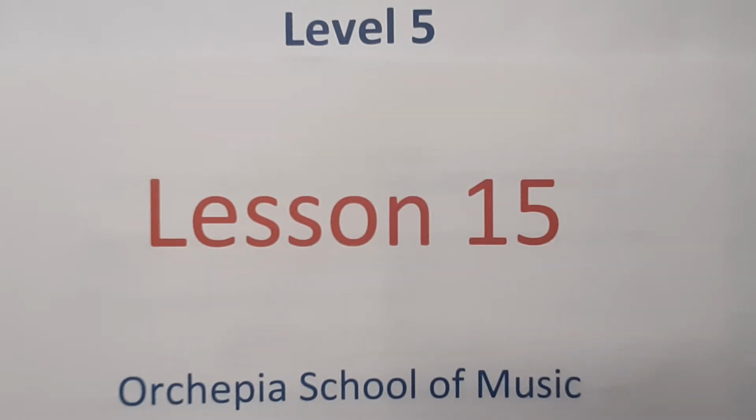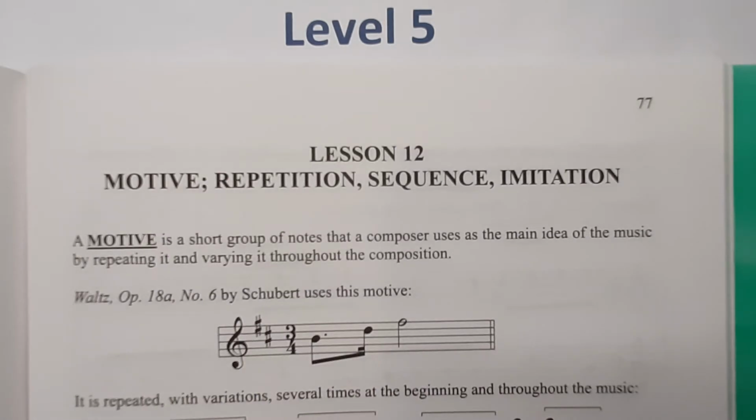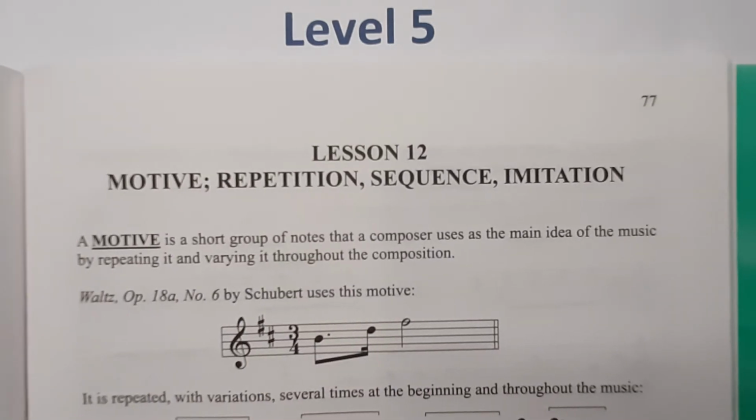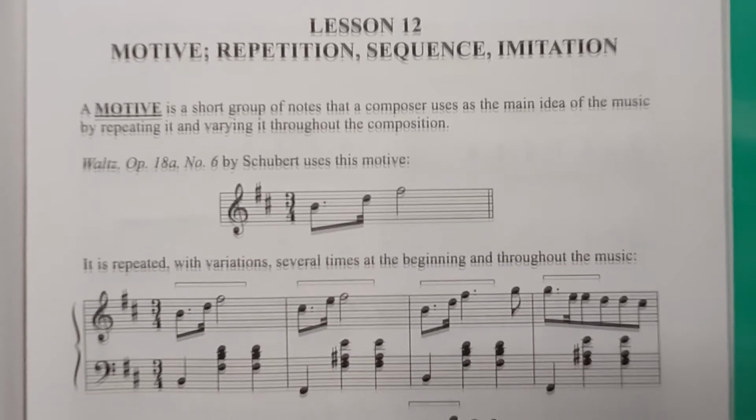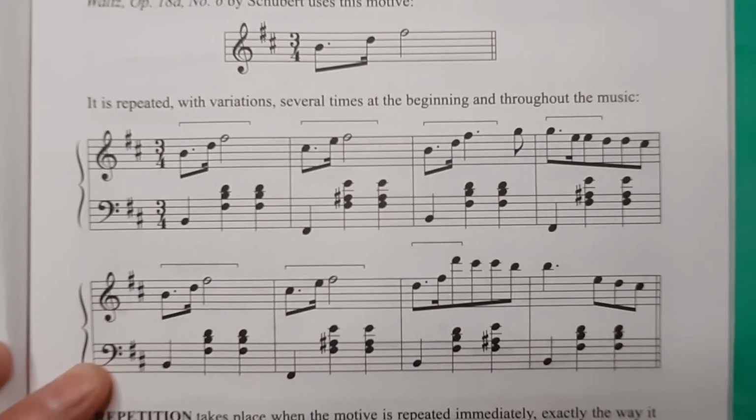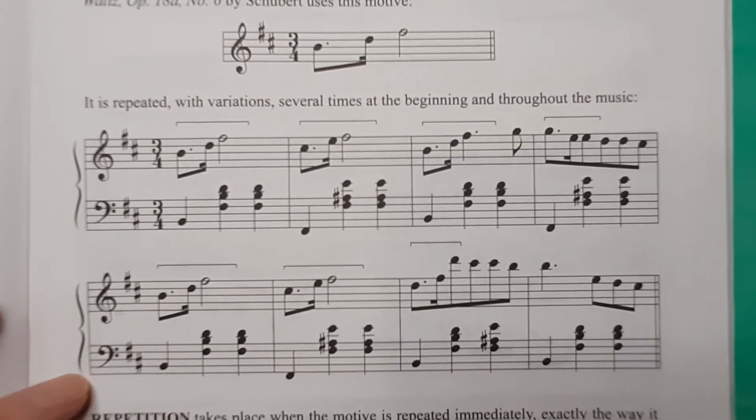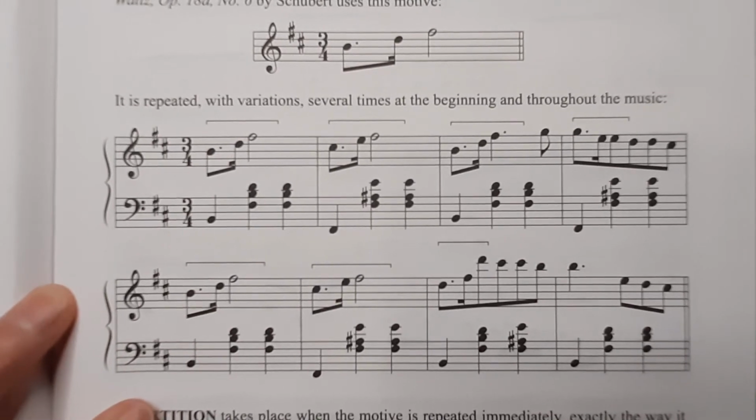Now we're going to be working on page 77, level 5: motive, repetition, sequence, and imitation. Level 5 is very similar to level 4, so we're going to move quickly.